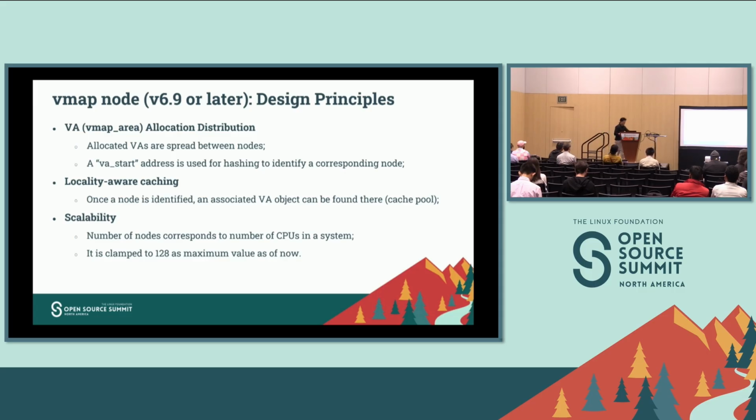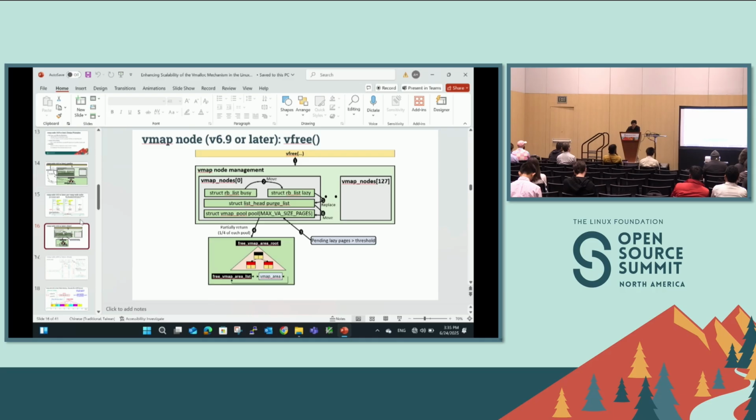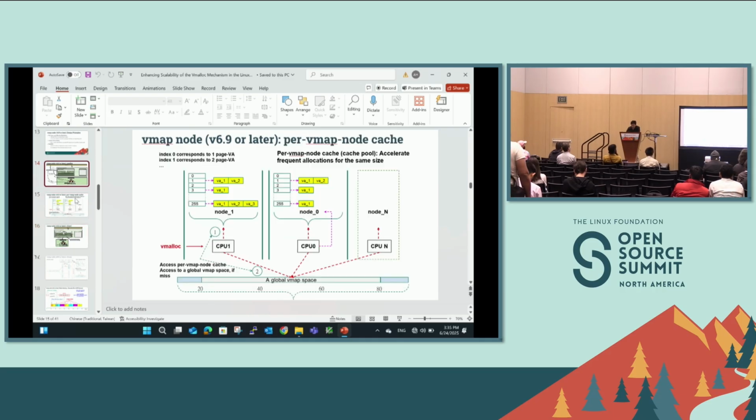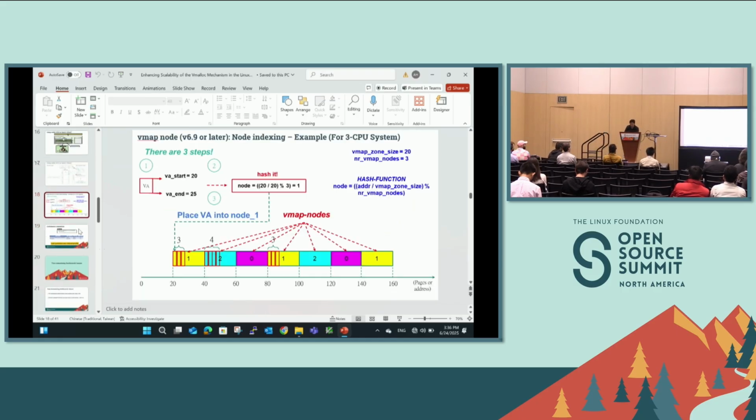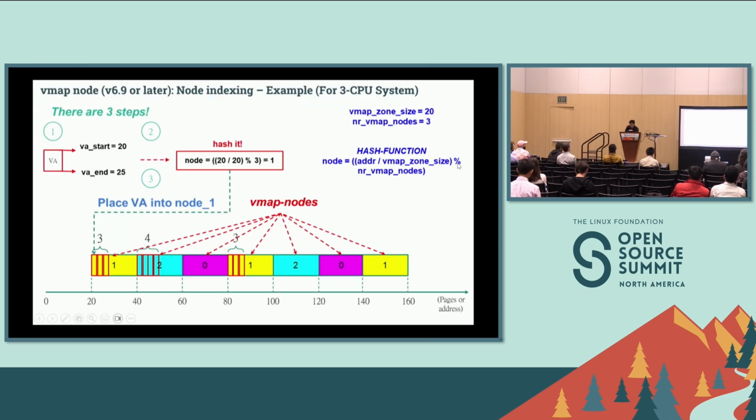Let me show you the hash function. I didn't calculate it in my head, but I'm presuming if you have 256 cores, each VA node will serve 2 cores. Yes. So you can see in this hash function there's a modulo of 128.